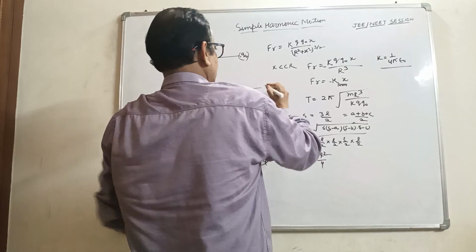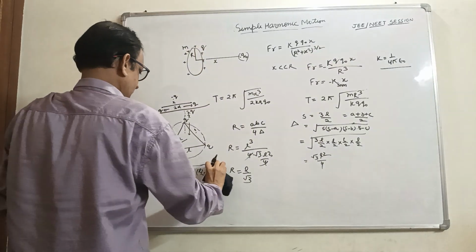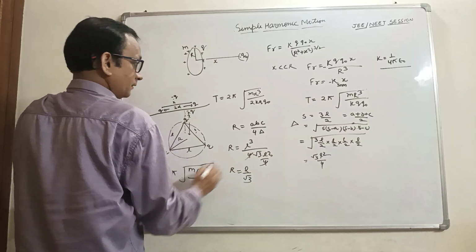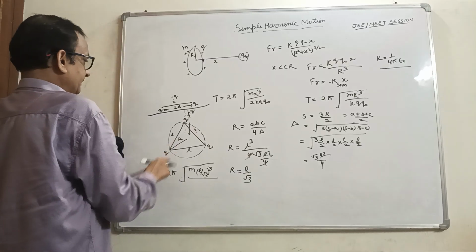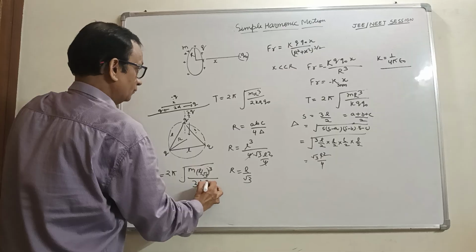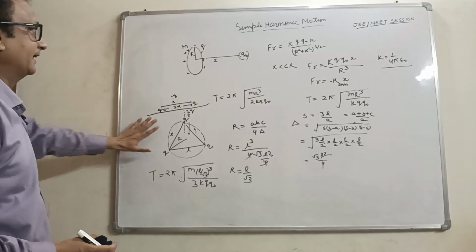This is also cube here. So it becomes M into (L by root 3) cube upon, and the charge factor here is 3, so 3k q naught. This is for the equilateral triangle.